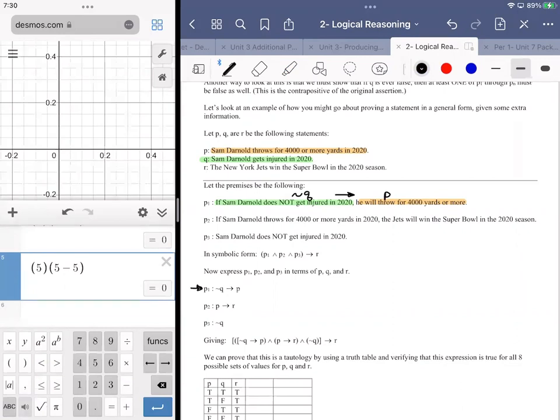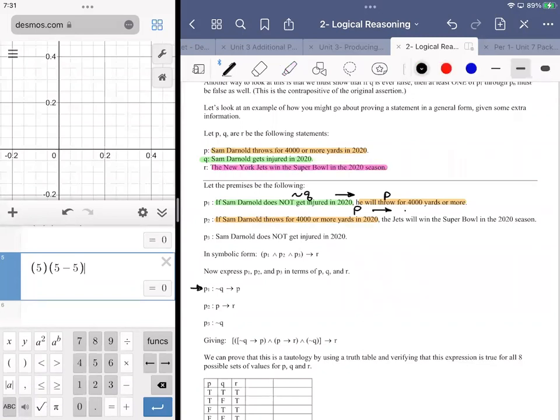So then if Sam Darnold throws for 4,000 yards or more in 2020, so again, that's the P statement, the Jets will win the Super Bowl in the 2020 season. All right, so that's the R statement.